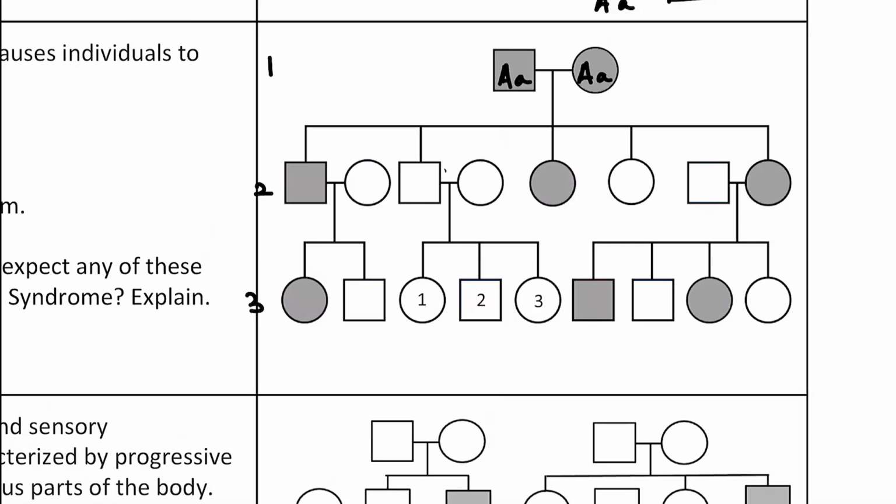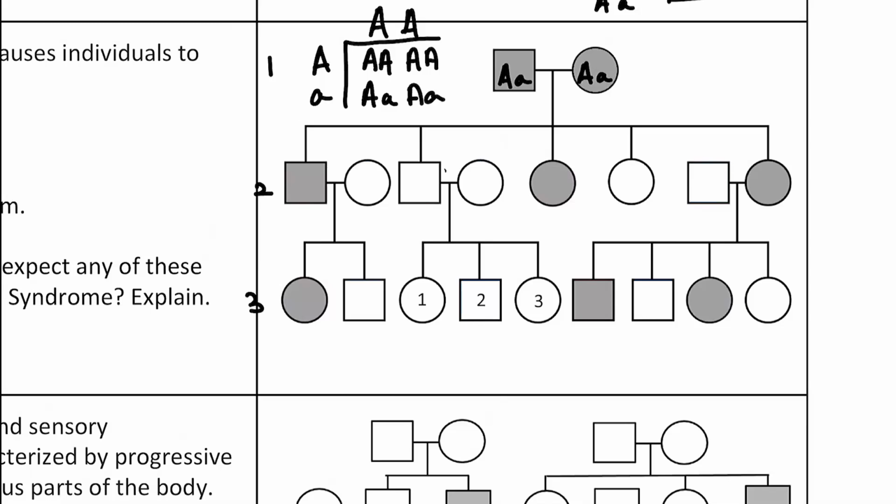Now, if you don't understand that, draw a Punnett square. Let's go with a scenario where we have a homozygous dominant and a heterozygote, big A and little a. You just need one dominant allele to have the disorder.